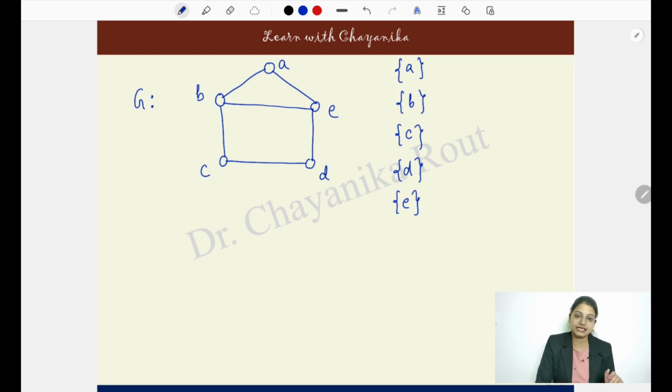Why? If I take the singleton, then I can't form any pair of vertices here. I have only the single vertex A, and that vertex A is not adjacent to itself in the graph. That is the reason we put singletons as independent sets.